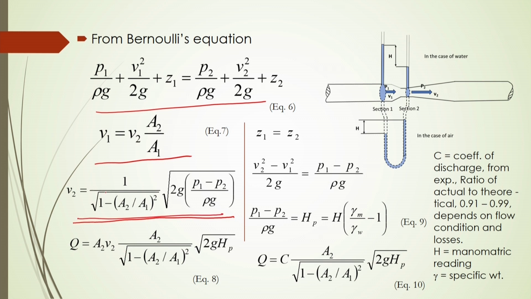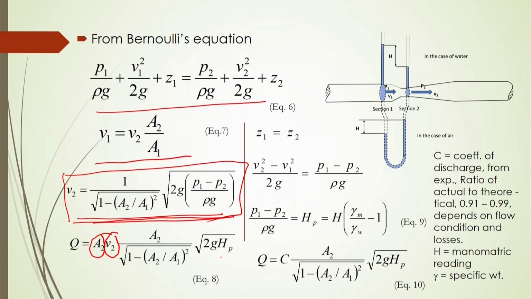So, this equation represents the velocity at section 2, that is, in the throat section, and based on this velocity we can calculate the flow rate there. The flow rate is equal to velocity into cross-sectional area. The velocity is V2, so the cross-sectional area is A2. So, V2 into A2 gives you the flow rate there.